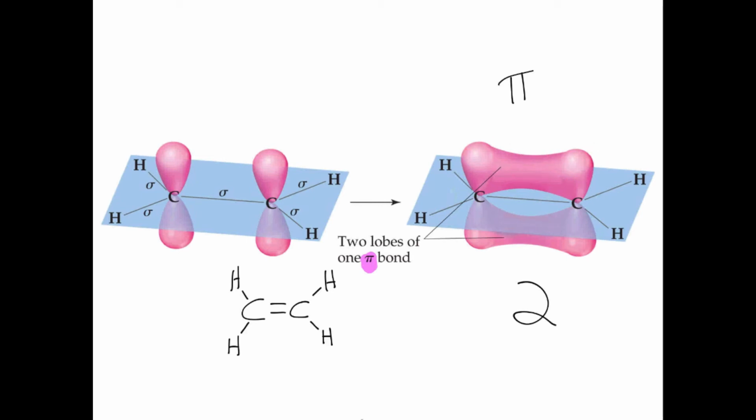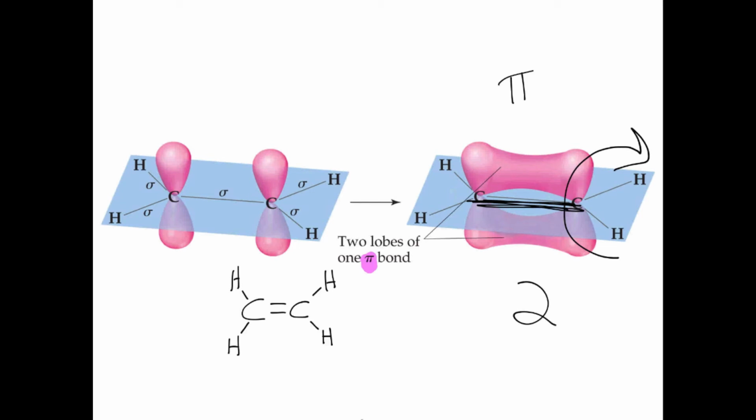Now, this has very important implications, one of which is that in order to make this bond, you can see that we need to have overlap both on the top and on the bottom. In other words, if I were to twist this molecular structure around the axis joining those 2 carbon atoms, I would break the symmetry of this top and bottom overlap. The pi bond would then cease to exist.